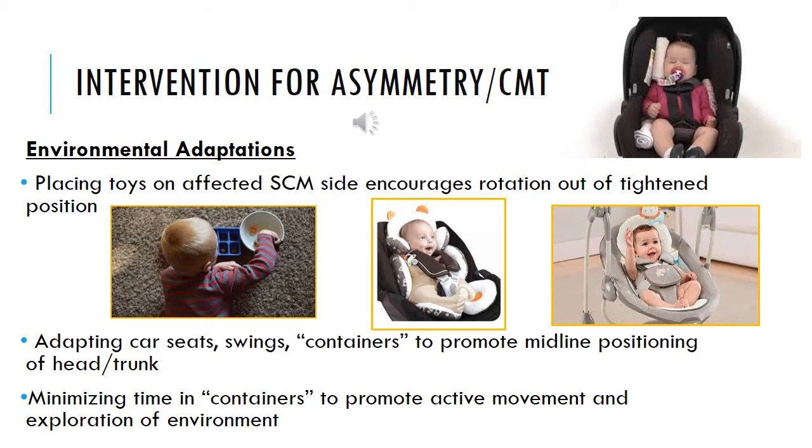So if you think that the left SCM is the affected muscle, that child's going to have rotation then to the right. So putting toys, putting food or objects on the left side of the child on the affected SCM side will encourage rotation out of the tightened position.